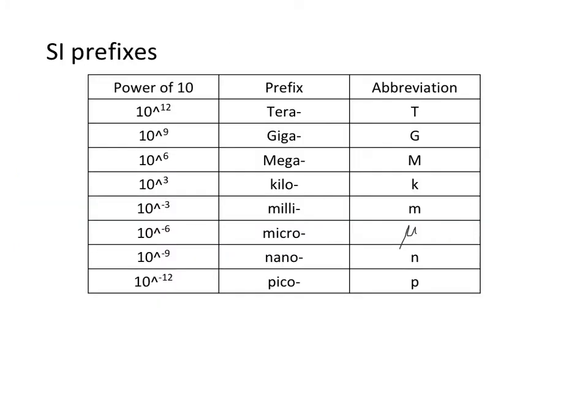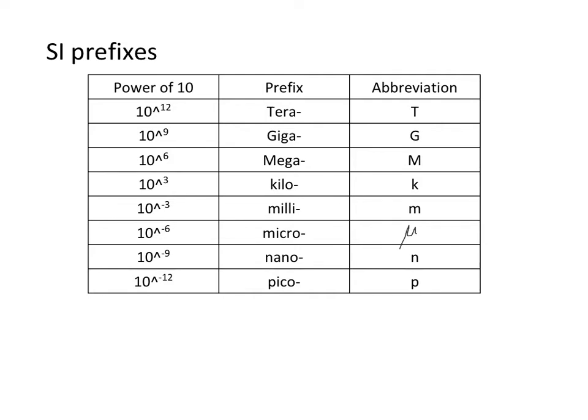Now in the SI system, prefixes are often used rather than writing out the engineering notation. A unit prefix is a symbol that goes in front of the basic unit to indicate a decade multiple or a fraction of a unit.